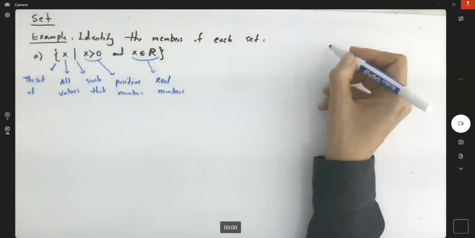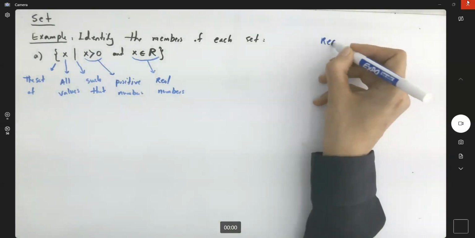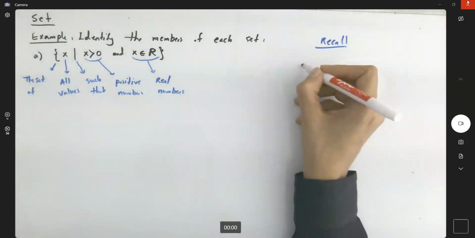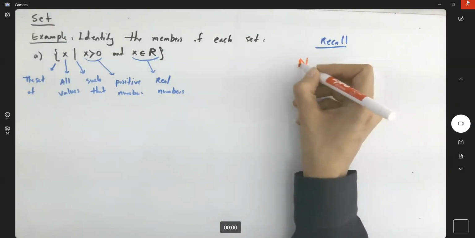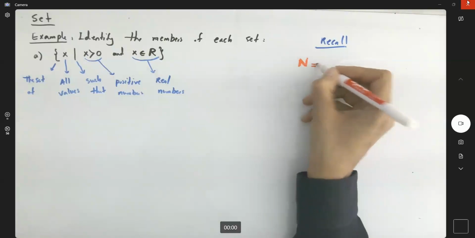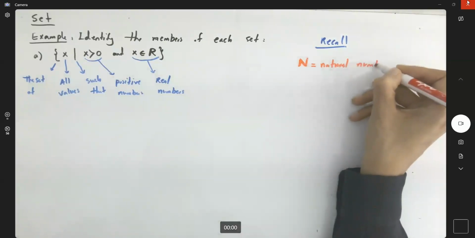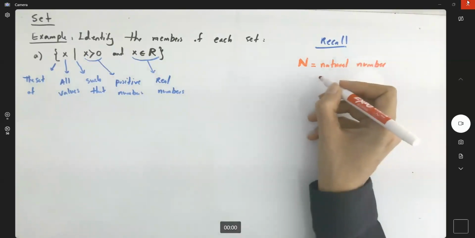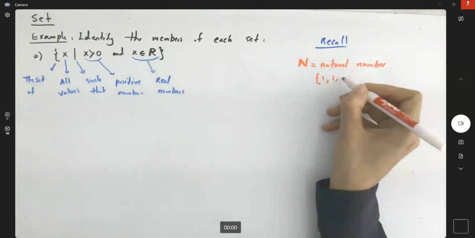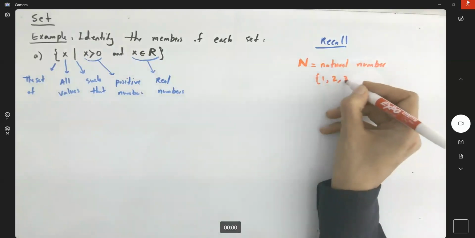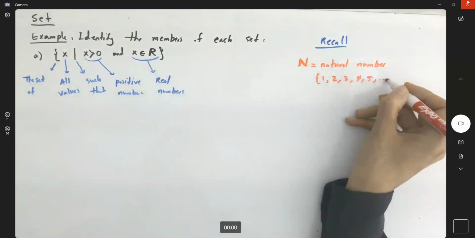Let's just go over a very short recall. Remember that we introduced natural numbers as counting numbers in algebra. N, bolded N, is called the natural numbers. Starting from 1, then 2, then 3, then 4, and the rest of the counting numbers.